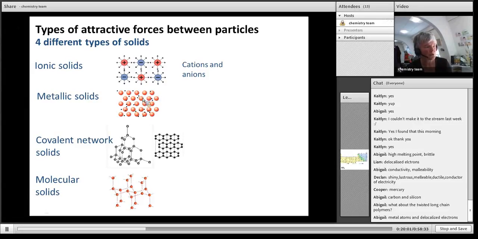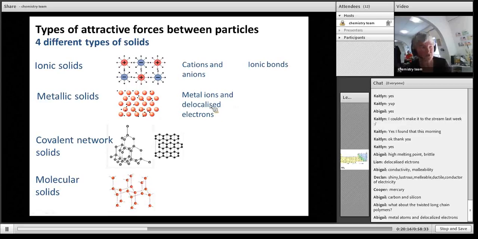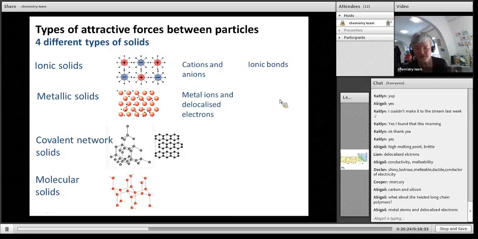It's your core metal atoms, is another way of saying it, being attracted to all these valence electrons that are going around them. Okay. Oh, sorry, I didn't say the ionic bonds is between there. So it's metal ions or metal atoms or core metal atoms and delocalized electrons. And what sort of bonding would you find in metallic solids?